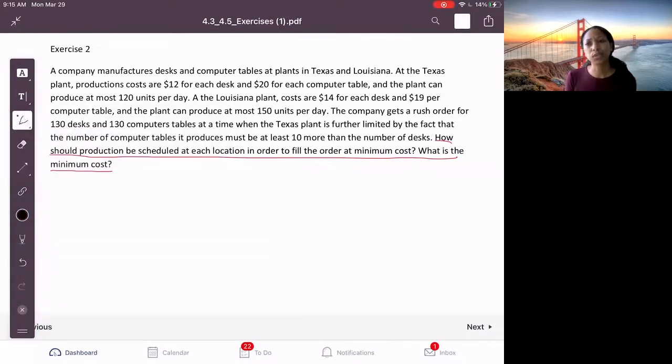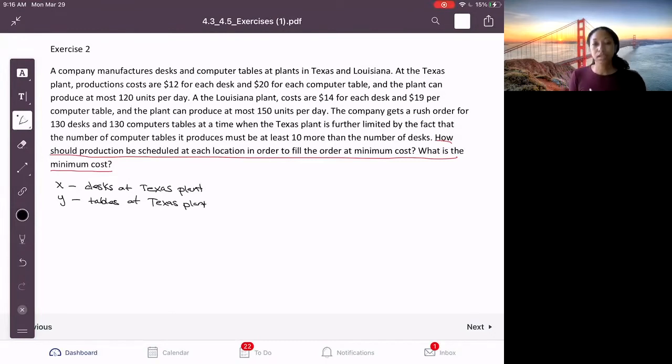We'll do X, Y, Z, and W. Let X represent the number of desks at the Texas plant. And we can let Y represent the number of computer tables at the Texas plant.